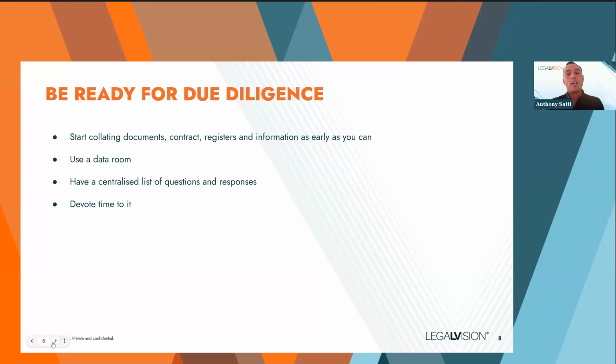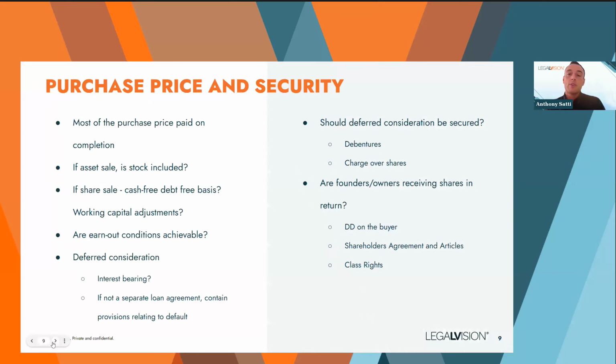So now we get into issues specifically that we're looking to negotiate in the sale agreement. On the next slide, we've got one of the first key issues of negotiation and contention, which is the purchase price.